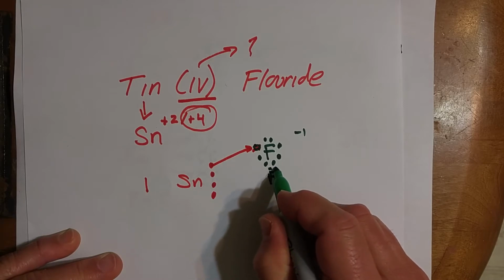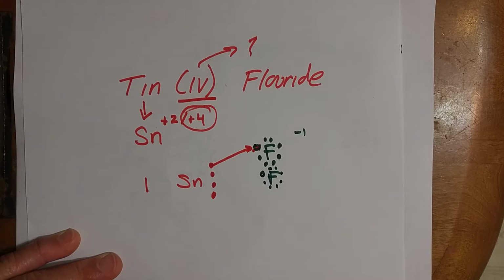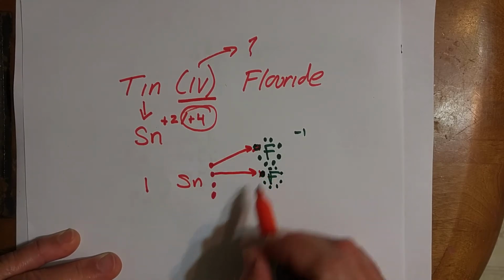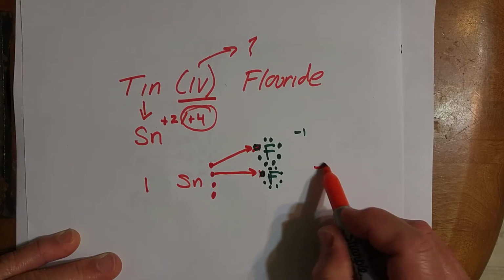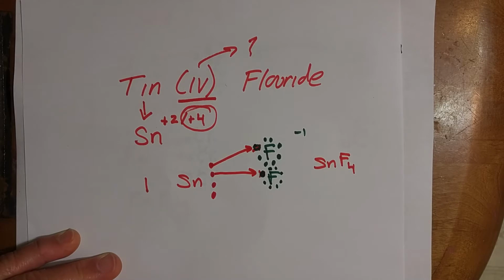And this is why I've encouraged you to be neat. Because if you draw it neatly, it makes sense that you're going to get the answer of tin fluoride like that. This is what happens if you're not neat.